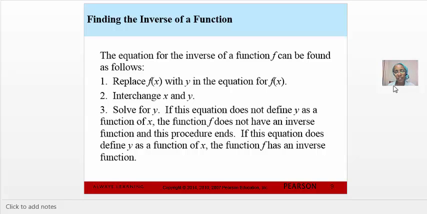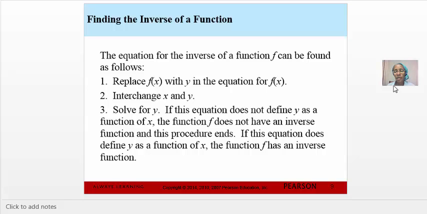Then I'm going to interchange x and y, because I know that an x on f becomes the y coordinate on f inverse, and the y on f becomes the x coordinate of the inverse function. So I interchange x and y, and at this point, that y is now my inverse function. So for that reason, I solve for y.